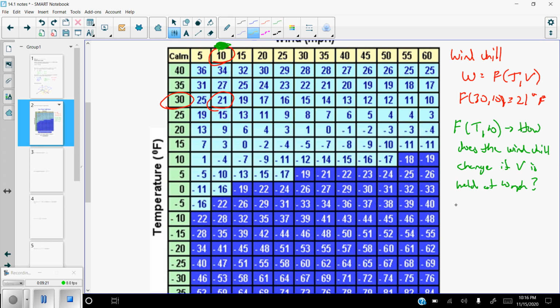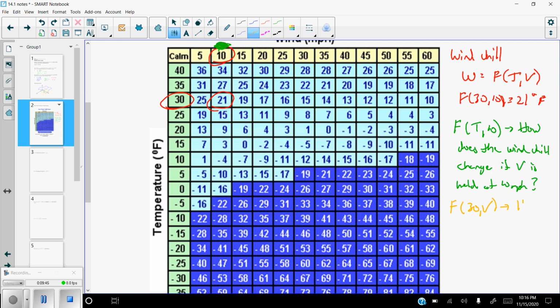What if I said I want to find f of 30, v? Okay, hopefully after the last one, this will make more sense. So now what's being held constant is the actual temperature outside. So now we're saying if the temperature is 30 degrees, the velocity of the wind can change.